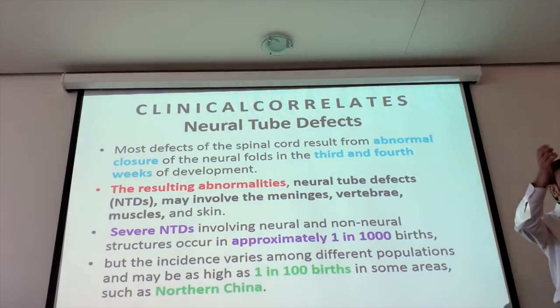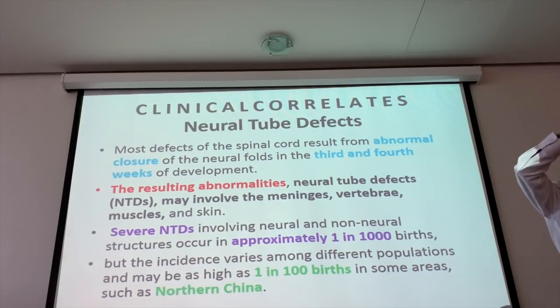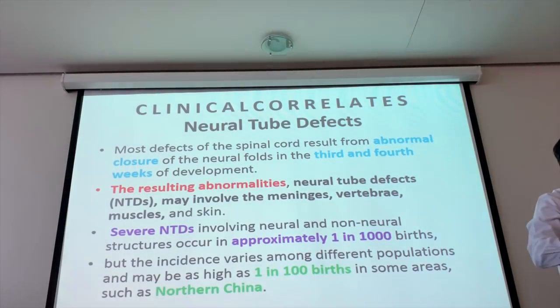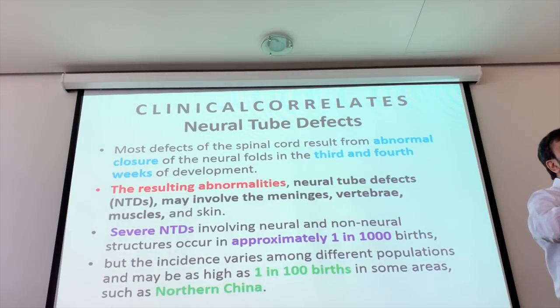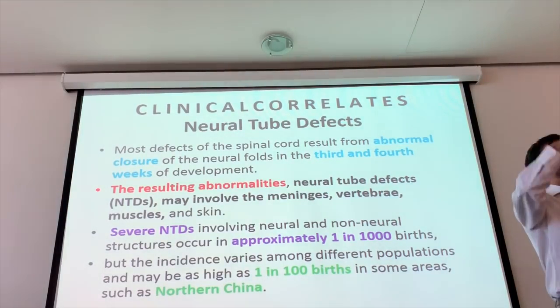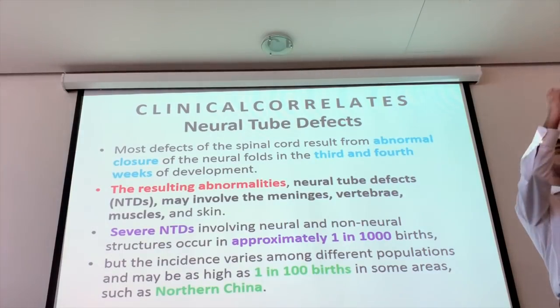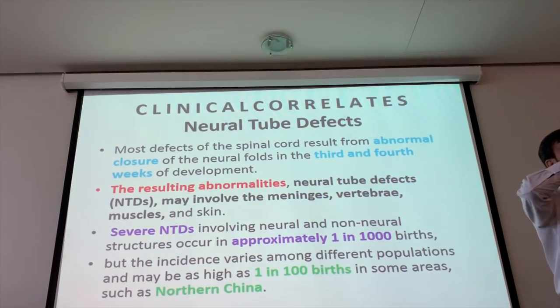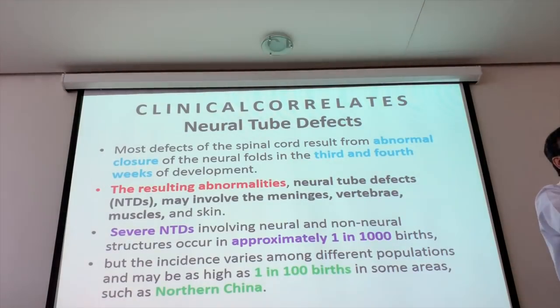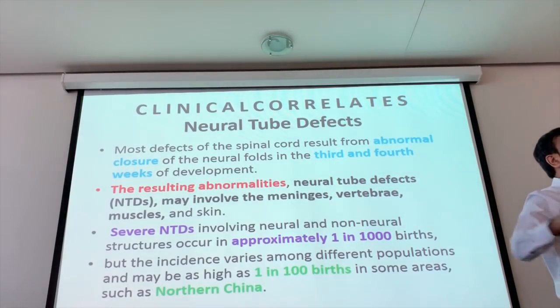So it's not only the spinal cord; the coverings around the spinal cord and the brain could be affected. It could be the vertebrae, the skull bones, the meninges, the muscles, all could be affected because the closure of the neural tube is going to induce the closure of the vertebral arch. It is going to induce the muscle formation and all those things. So what you need to know is that abnormal closure of the neural tube can result in defects surrounding it.